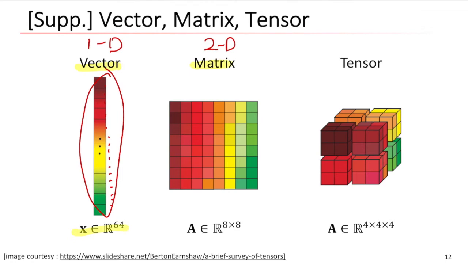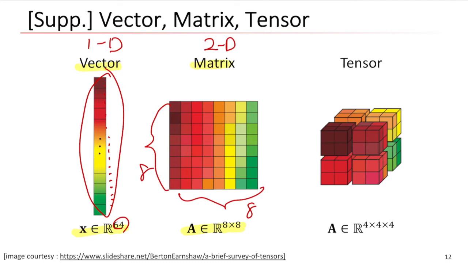It can be represented like this. In this case, there are 64 values here, and the matrix case can be represented like this because there are 8 rows and 8 columns. So this is a matrix form.